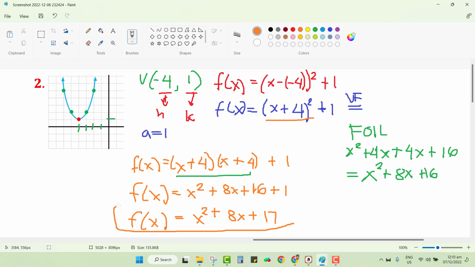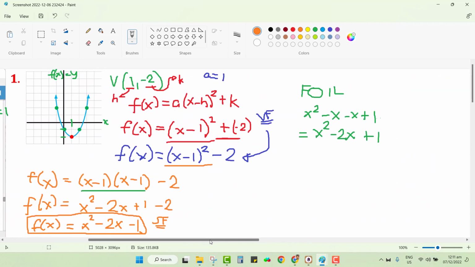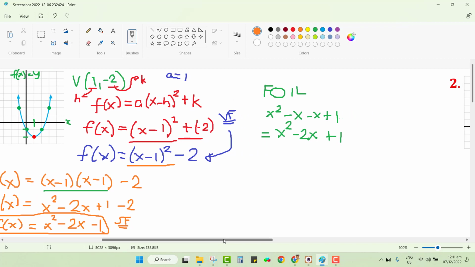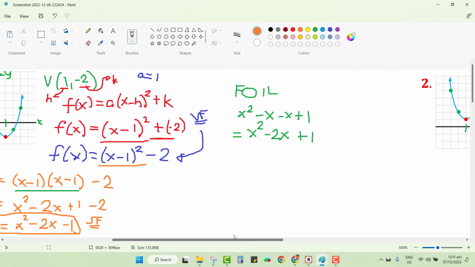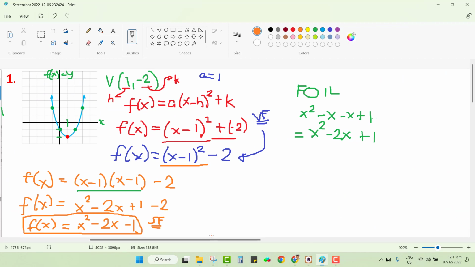This is our standard form, a representative standard form of a quadratic function. These are made possible even if you are only given one special point, the vertex. These are all made possible by the vertex form and then later on the standard form. This ends this practice exercise for those two items.